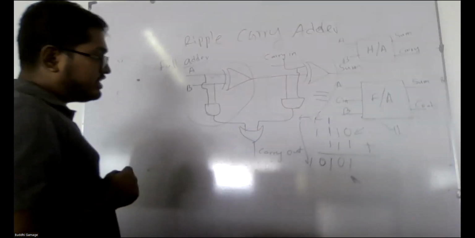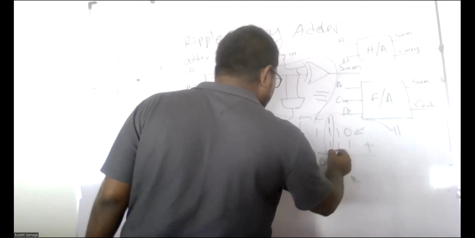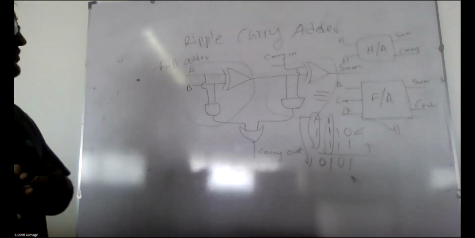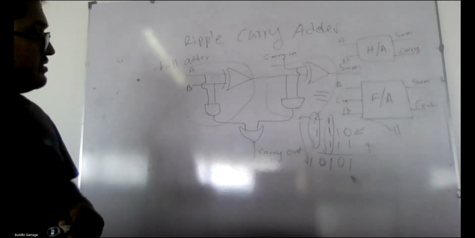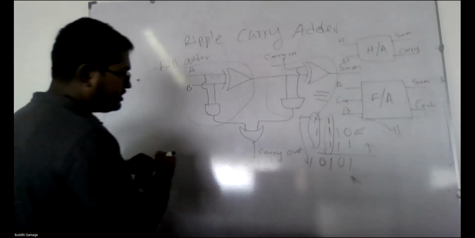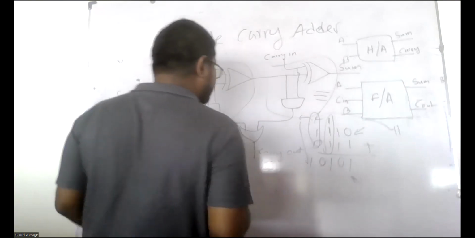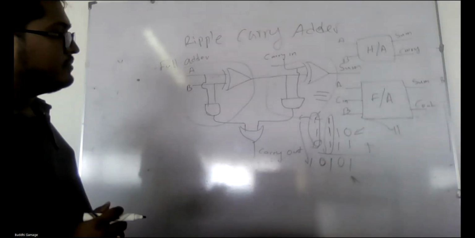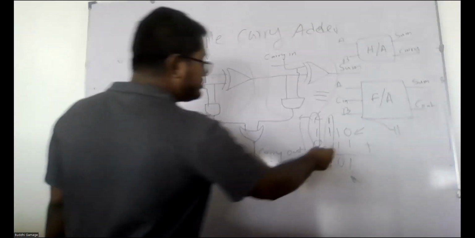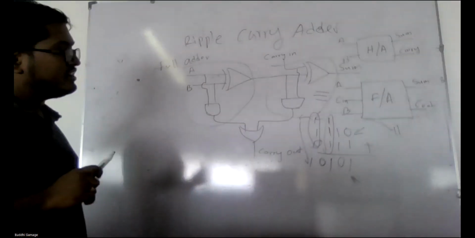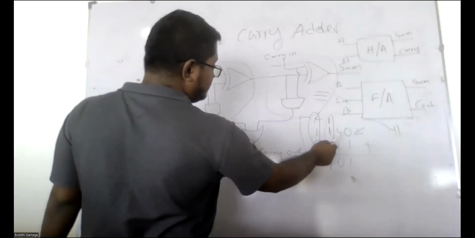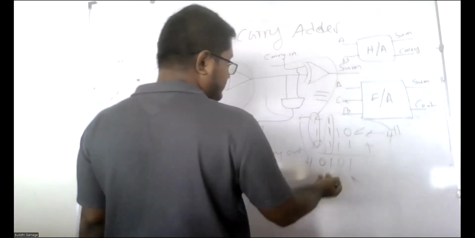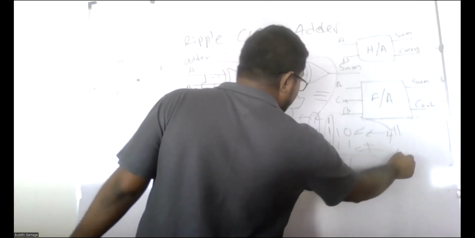Right? But we can only do this part and this part using a half adder, or using a full adder, right? So here also this bit is 0. We can only do those 2 parts, but we need to do this whole thing, right? So there are 1, 2, 3, 4 bits. Here also 4 bits.